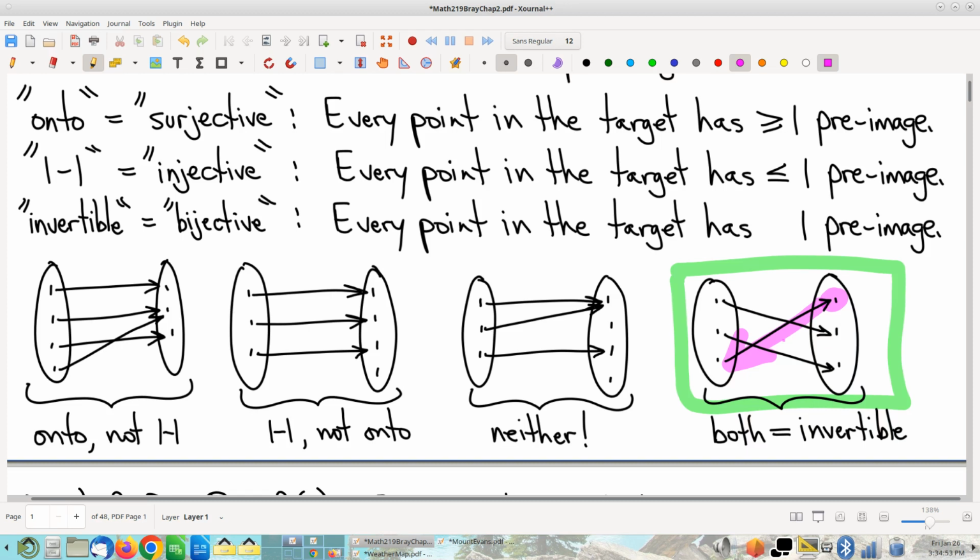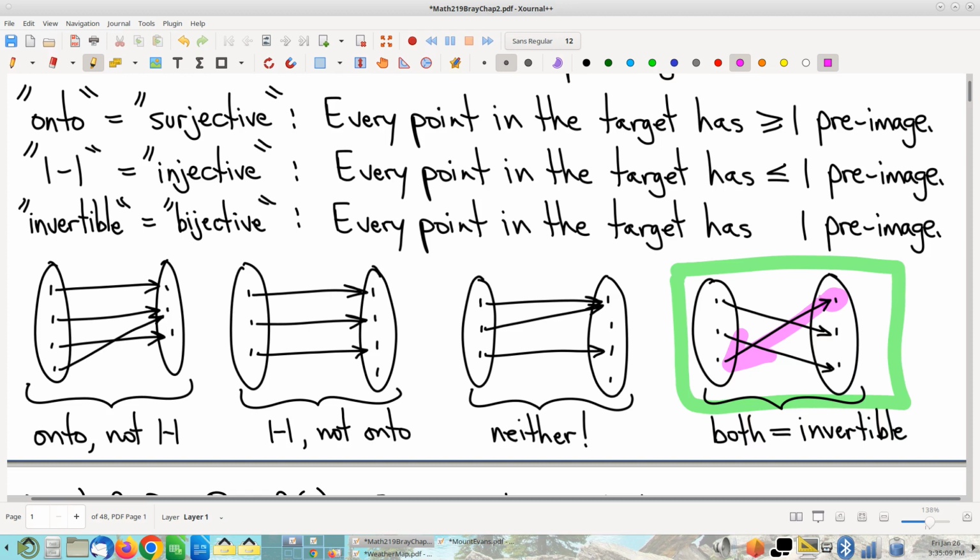And you can only get exactly one image of the inverse function if there was exactly one preimage of the original function. So this is exactly what we need.